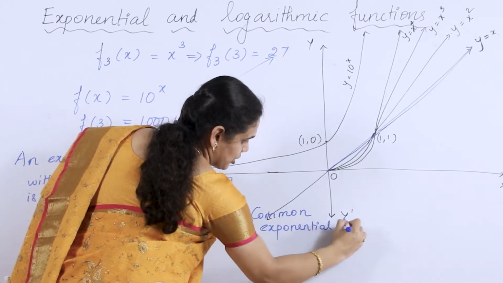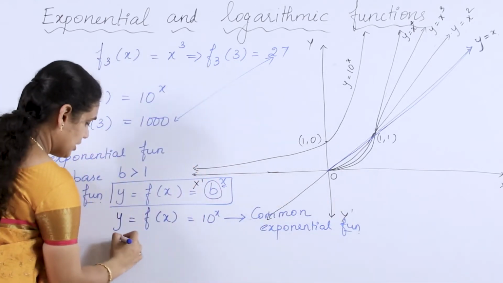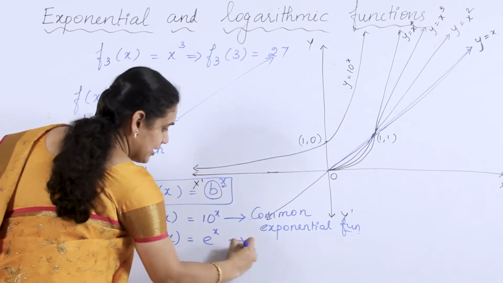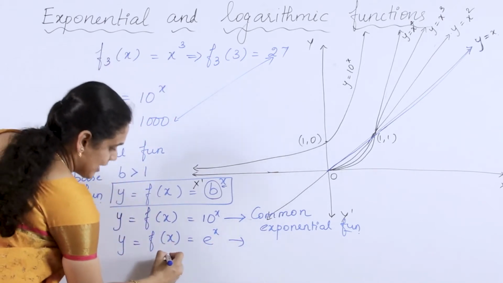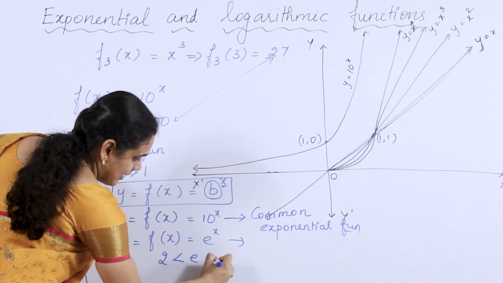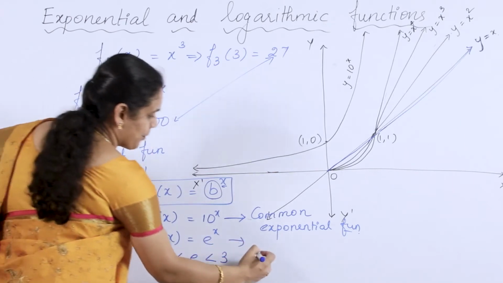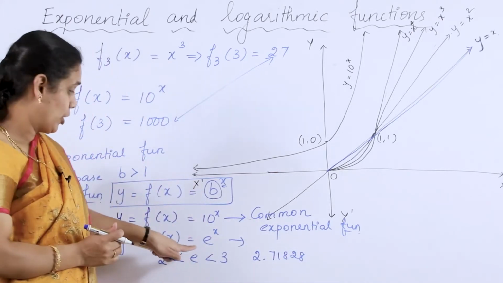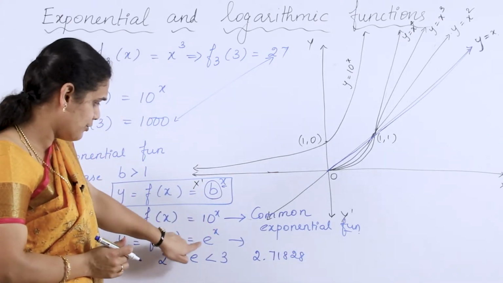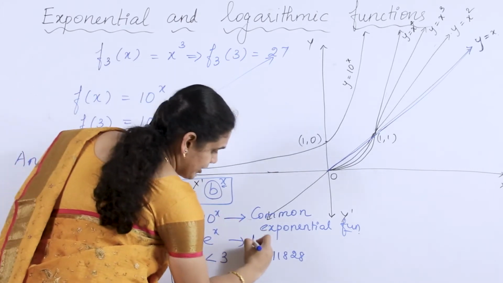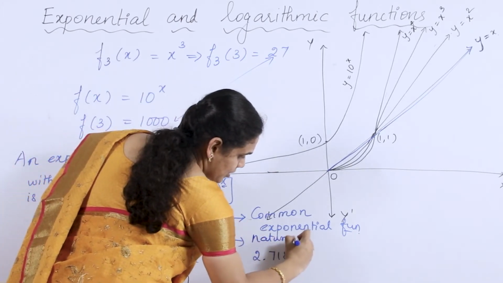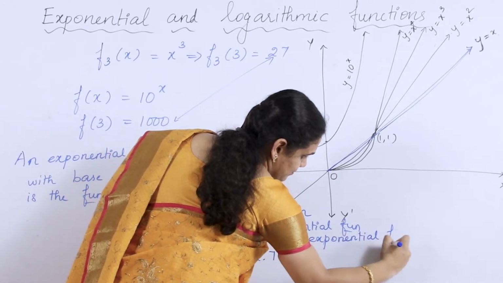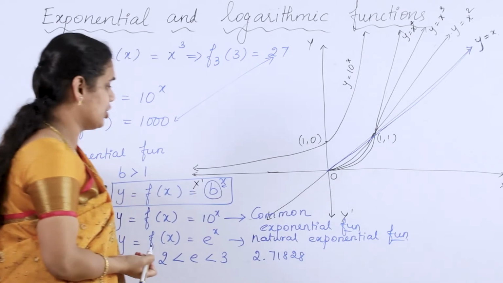And if we take the base as e, we have already studied this e value, which lies between 2 and 3, approximately 2.71828. It was introduced by Leonhard Euler. So e to the power x, if you change the base to e, this is called the natural exponential function.